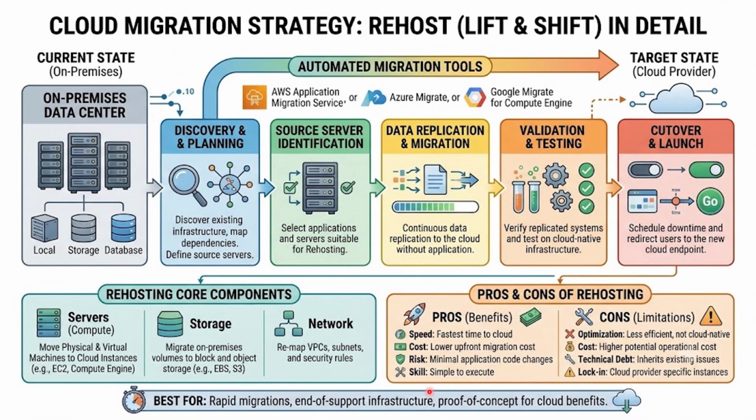Also, it is useful to migrate end of support hardware and software where you need a stable environment very quickly. Also, you can build a rapid POC or proof of concept to demonstrate basic cloud viability to the stakeholders before committing budgets to modernize the application code.